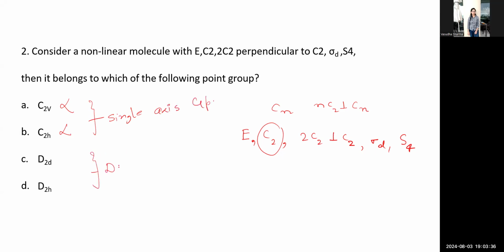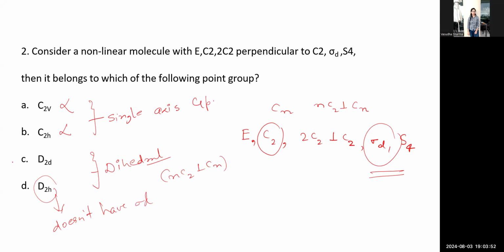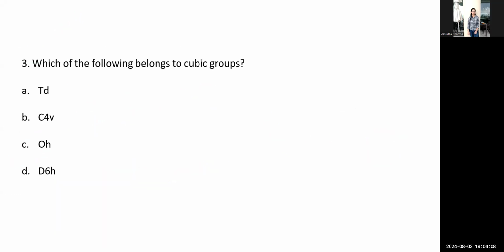These are the dihedrals, which require n C2 perpendicular to Cn. Now, here we are talking about sigma d, and D2h does not have sigma d, only D2d has. So the answer is clear.